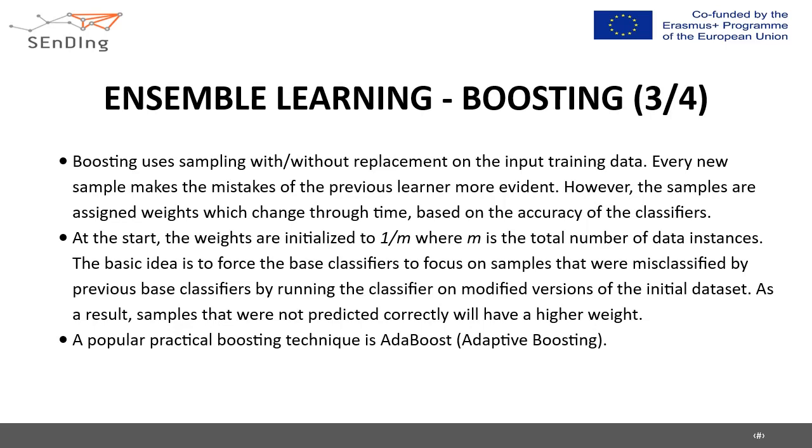The basic idea is to force the base classifiers to focus on samples that were misclassified by previous base classifiers by running the classifier on modified versions of the initial dataset. As a result, samples that were not predicted correctly will have a higher weight. A popular practical boosting technique is AdaBoost, named after adaptive boosting.